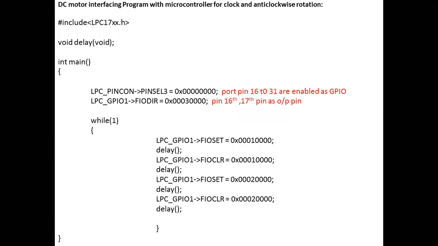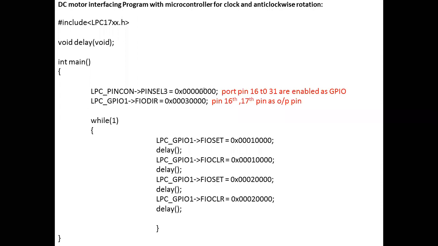Which port are PINSEL2 and PINSEL3 for? Port 1. You could write PINSEL2 also, but because I'm using pins 16 and 17, I'm using PINSEL3 only, because with PINSEL3 you can configure the pin numbers from 16 to 31.